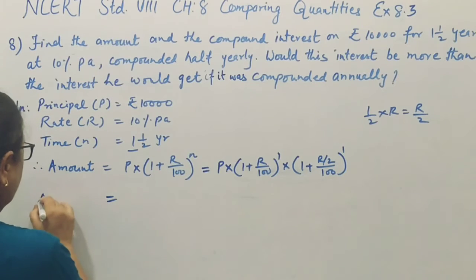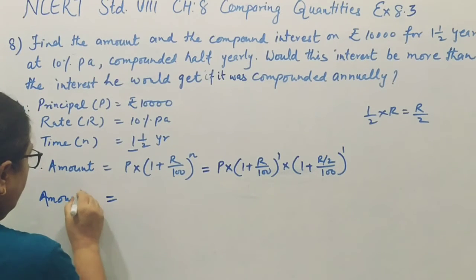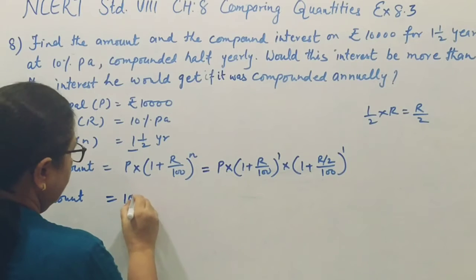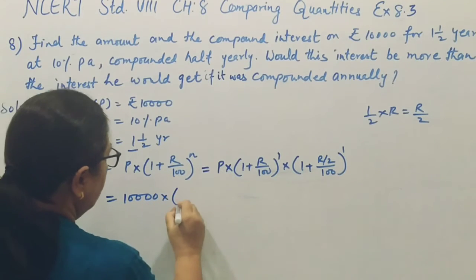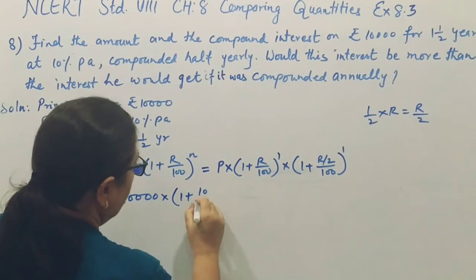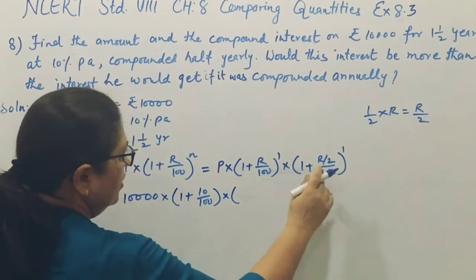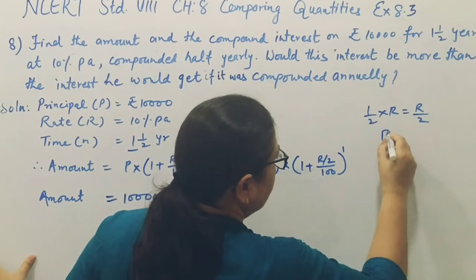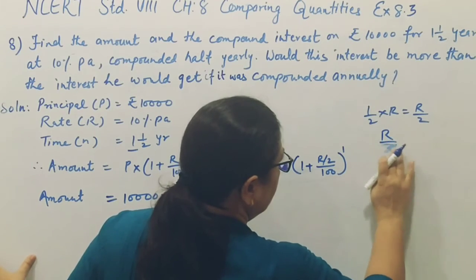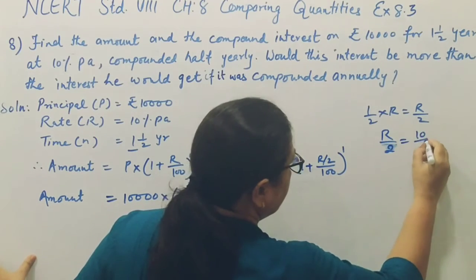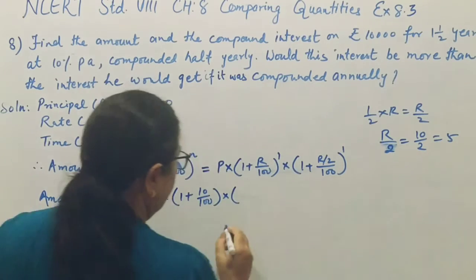So it will be 10,000 into 1 plus 10 upon 100 into, R is 10, so R upon 2 will become 5.